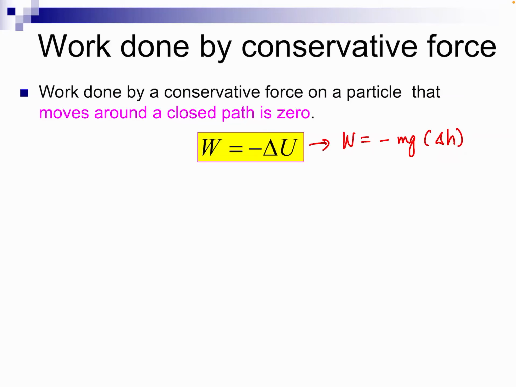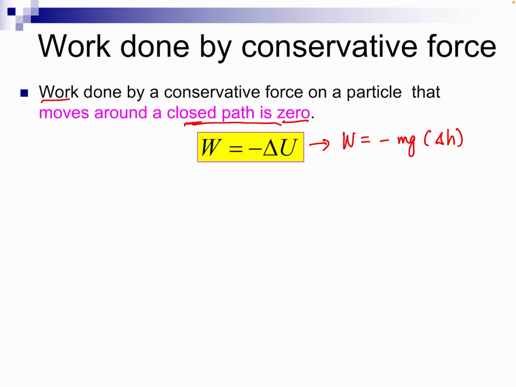But if you go back to your original position, that means your final height is equal to your initial height. So the change in height will be zero. Therefore, in a closed path where you go back to your original height, the work should be zero as well.